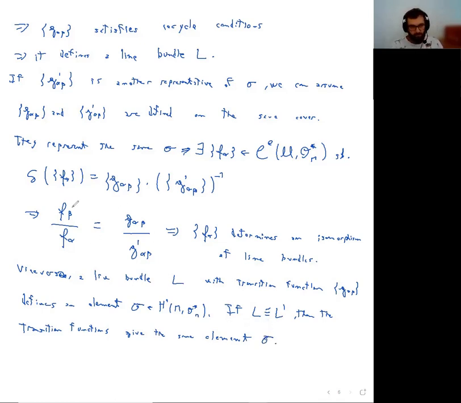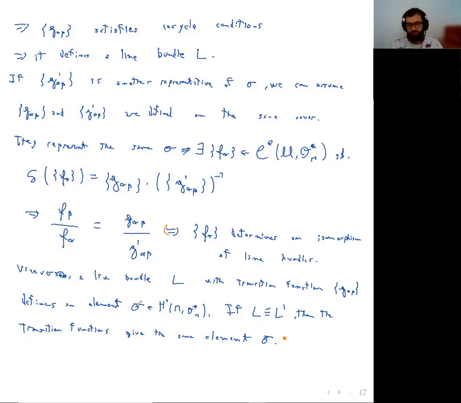Why is this? Well, simply for what we did before, we know that because this is an if and only if, yeah. This arrow here, it's not just one direction; it's both directions. So I'll put the orange dot here to remember this is this implication. So if we have two isomorphic line bundles with g alpha beta and g alpha beta prime, then there exists this f alpha, which satisfy this, but this is precisely the same condition as being the image of a zero cochain.